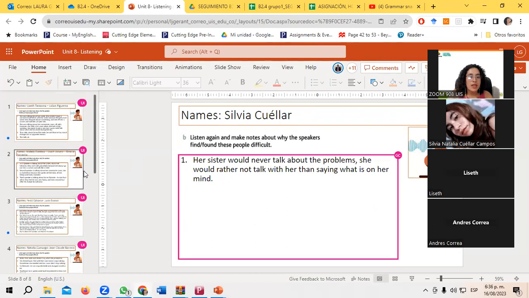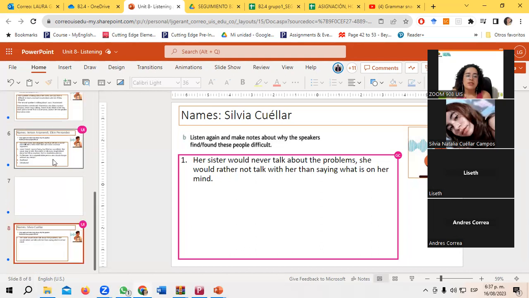So, all right, guys. The idea is that you finish the activity with at least 3 of the people that we listened talking about others. Okay, so if you finished all, perfect. But when I check the activity, you have to include at least 3 of the speakers. That is the minimum that I will check to grade the activity.